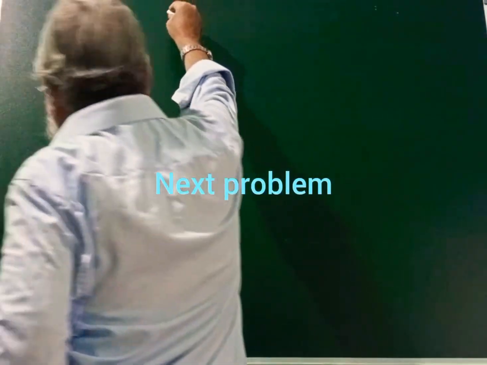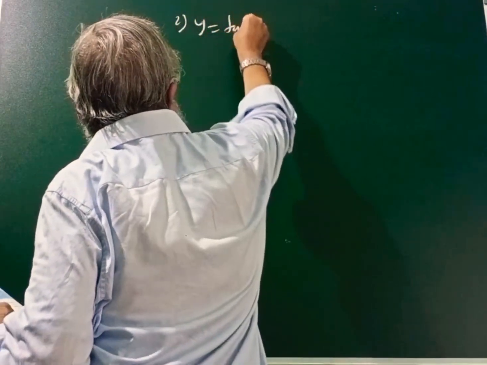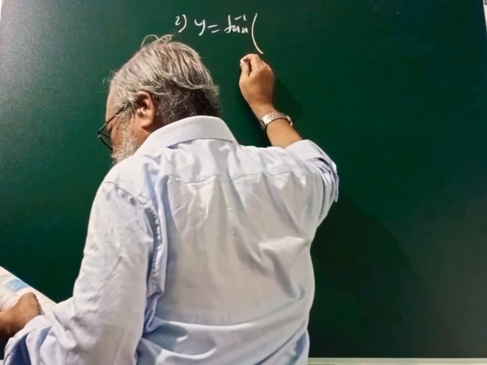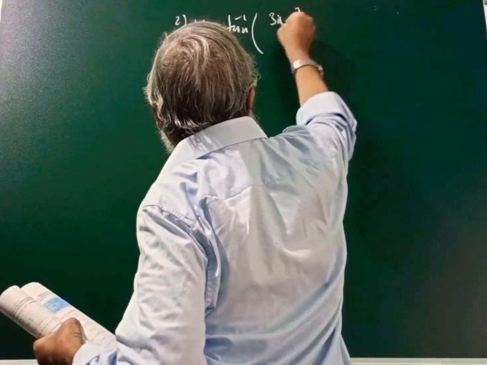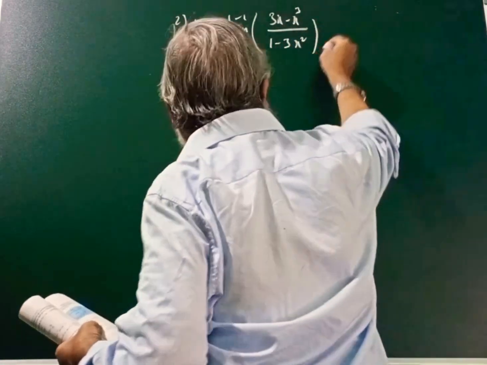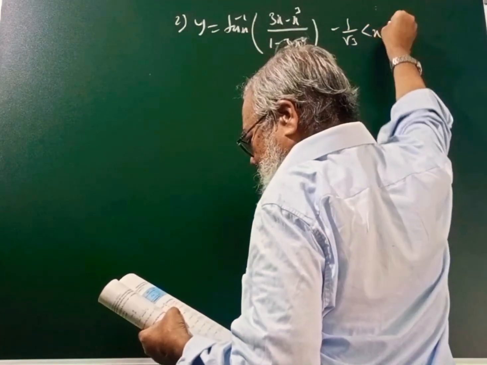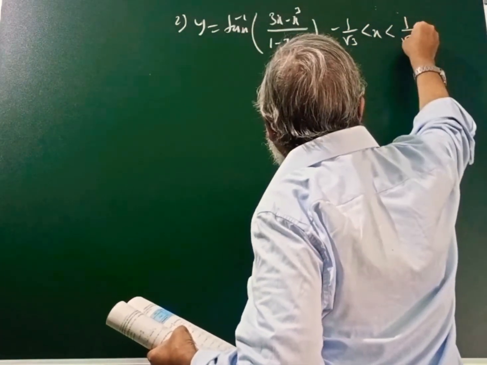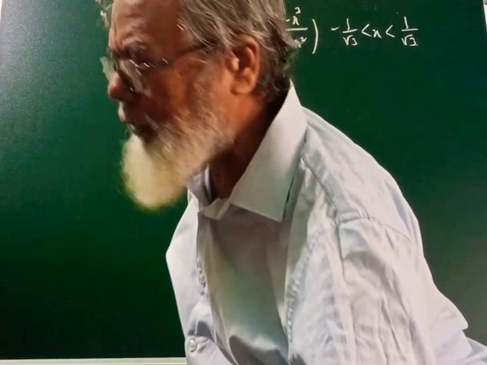Next problem. y is equal to tan inverse of 3x minus x cubed divided by 1 minus 3x square, where minus 1 by root 3 is less than x is less than 1 by root 3. Now which formula do we have to take the help of?